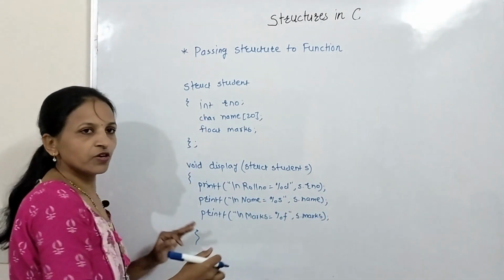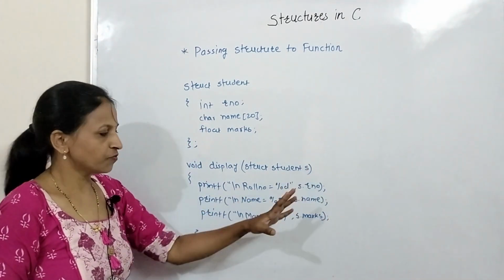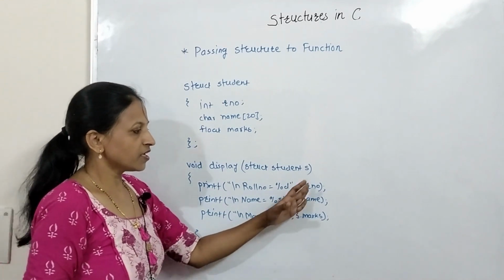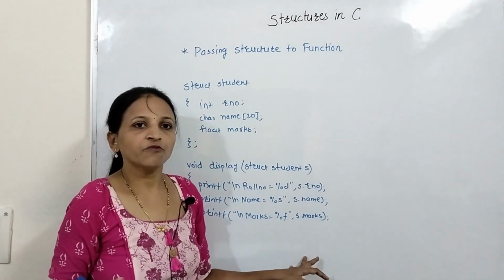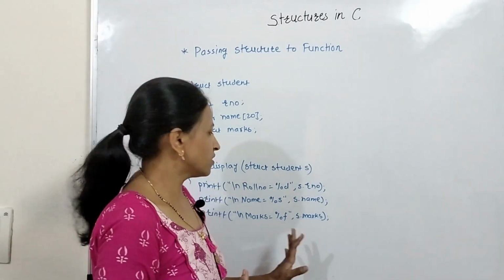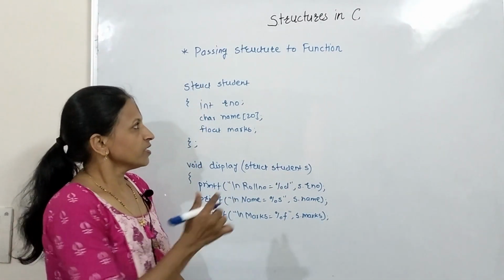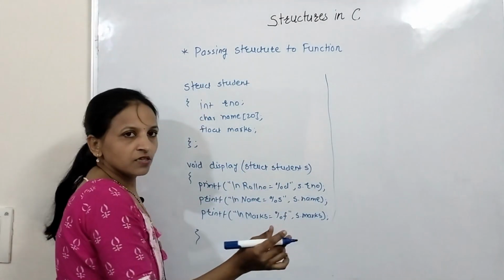Now this function's formal argument is S, and with that S there are again three members associated, that is roll number, name and marks, that we can fetch with the help of the dot operator that we have used here. Now in main I want to call this function, no problem.